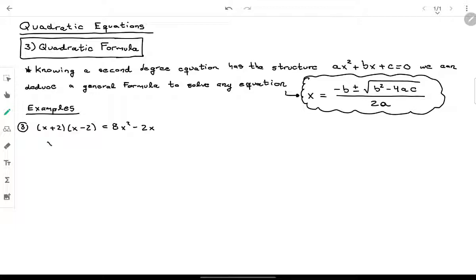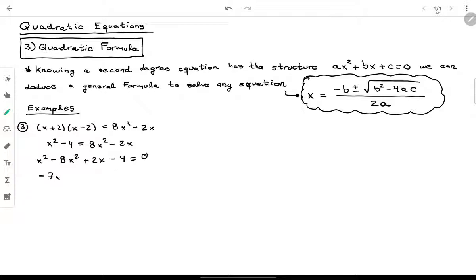So this one is the product of the sum and difference of a binomial. So it's going to be the first one squared minus the second one squared. So let's see. It's going to be x squared minus 8x squared plus 2x minus 4 equals 0.